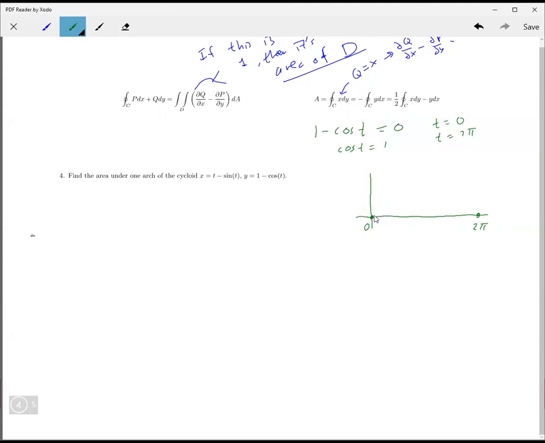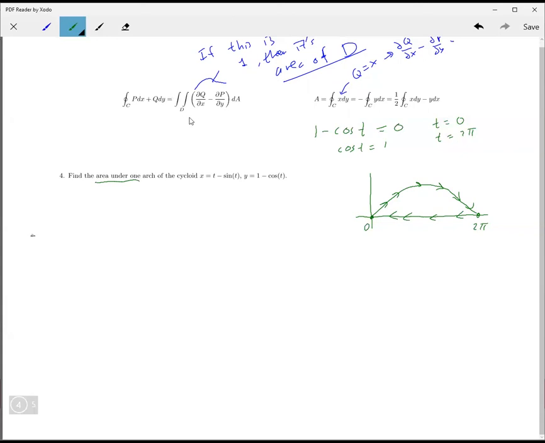Okay, and so as t increases from 0 to 2 pi, 1 minus cosine t is going to go up and then come back down like that. And the objective is if we go like this, then we want to find the area.